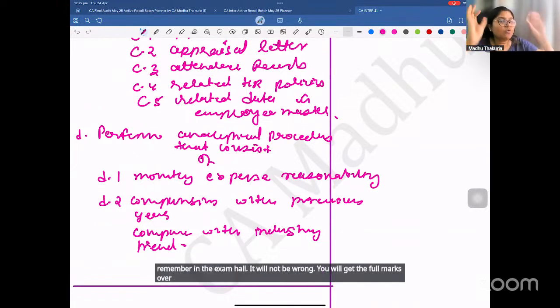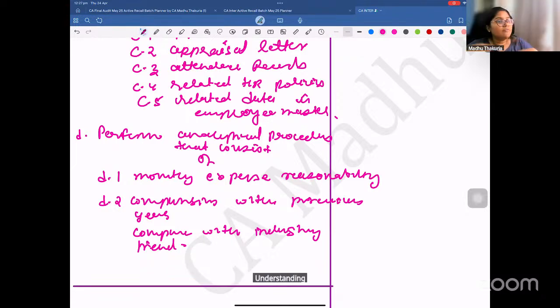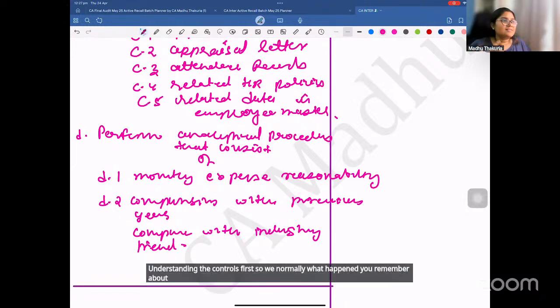But don't forget, always start your answer with understanding the controls. Normally what happens, you remember the appointment letters, invoices, so you end up talking about the test of details and analytical procedure. I know, but don't forget test of control. That is why I'm highlighting first understanding the control, testing the control.